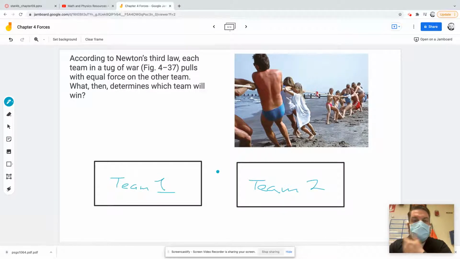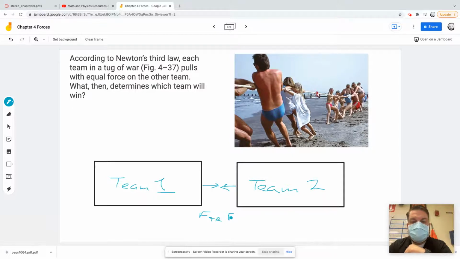Here's what's interesting about this. There's one rope connecting them. So there's this one, which is the force of tension of the rope, and then there's this one, which is equal but opposite in direction. And guess what?